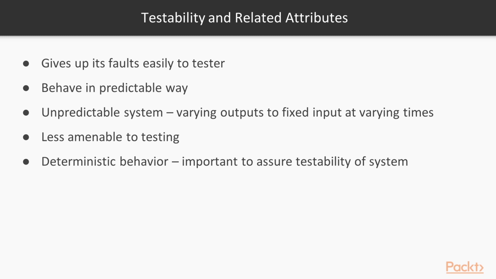More than unpredictability, complex or chaotic systems are also less amenable to testing. For example, a system whose behavior varies widely across a spectrum under load doesn't make a good candidate for load testing. Hence, deterministic behavior is also important to assure the testability of a system.